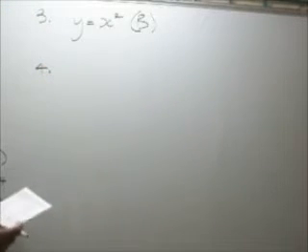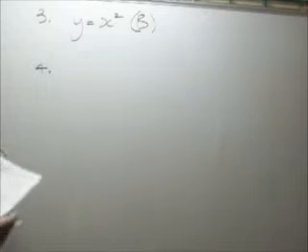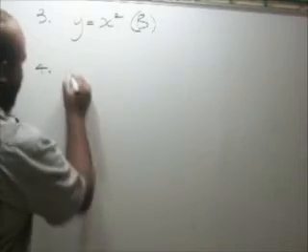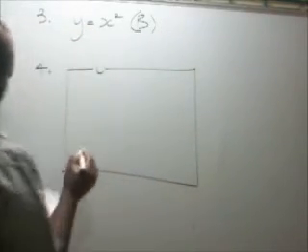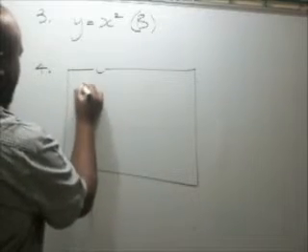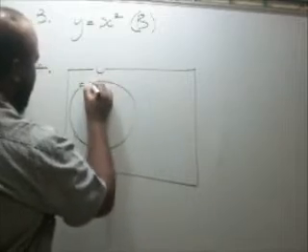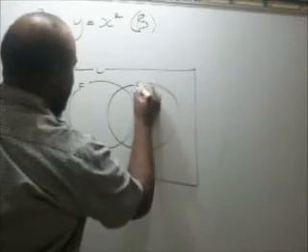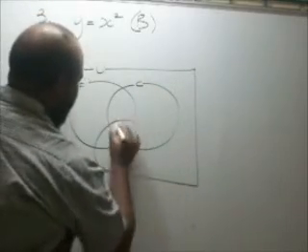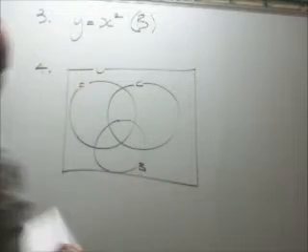Question number 4 is a question on sets or a Venn diagram. We have a universal set, and within the universal set we have persons that play football, persons that play cricket, and persons that play baseball.